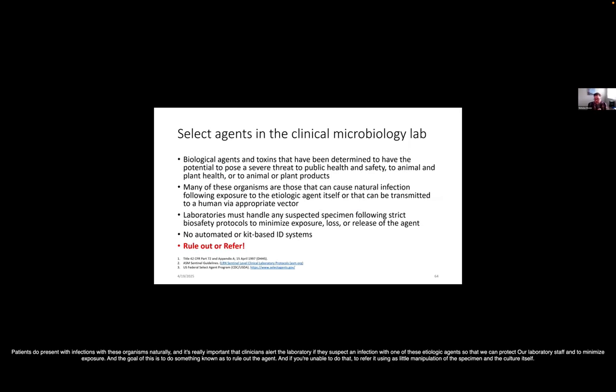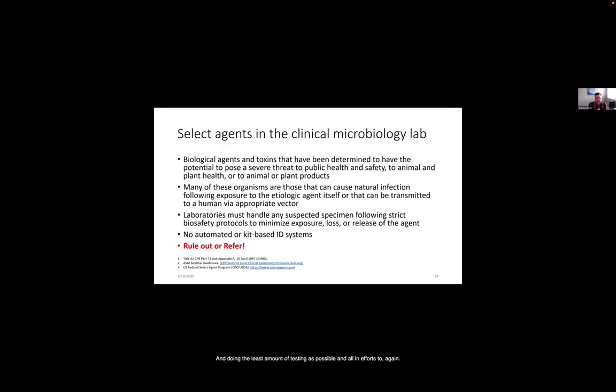And the goal of this is to rule out the agent, and if you're unable to do that, to refer it using as little manipulation of the specimen and the culture itself, and doing the least amount of testing as possible, all in efforts to, again, prevent unnecessary exposure.